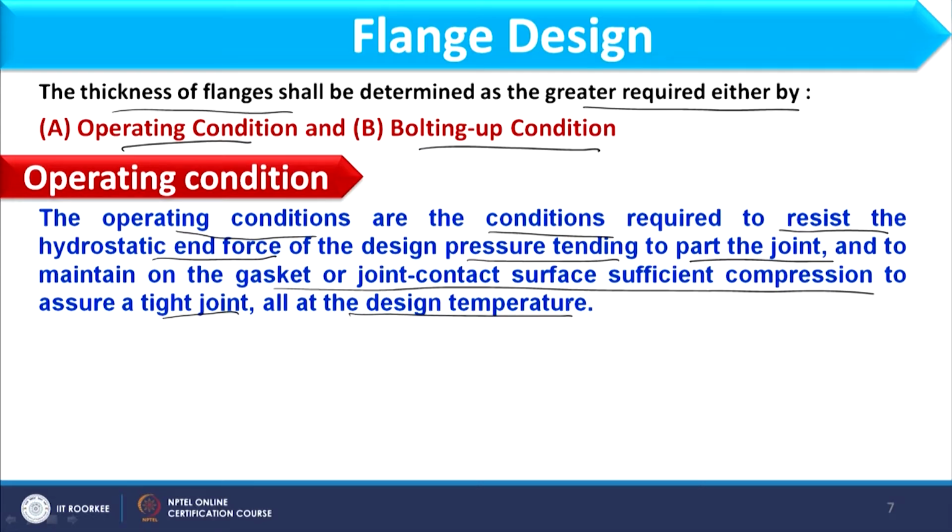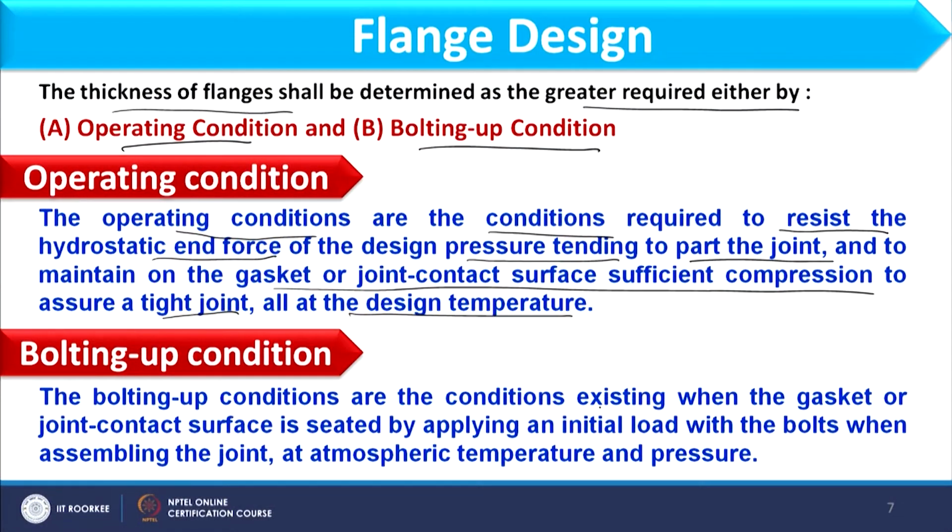So, while operation is being carried out, the joint should be tight enough or compressed enough even though hydrostatic end force will act. So, when we are going for operating condition, whatever parameter I am choosing for designing, let us say allowable stress value, all that value I have to take at design temperature.